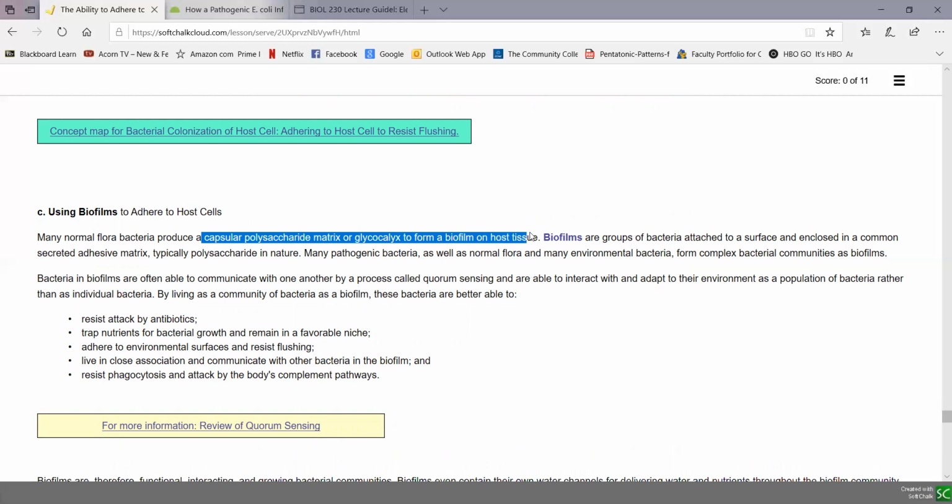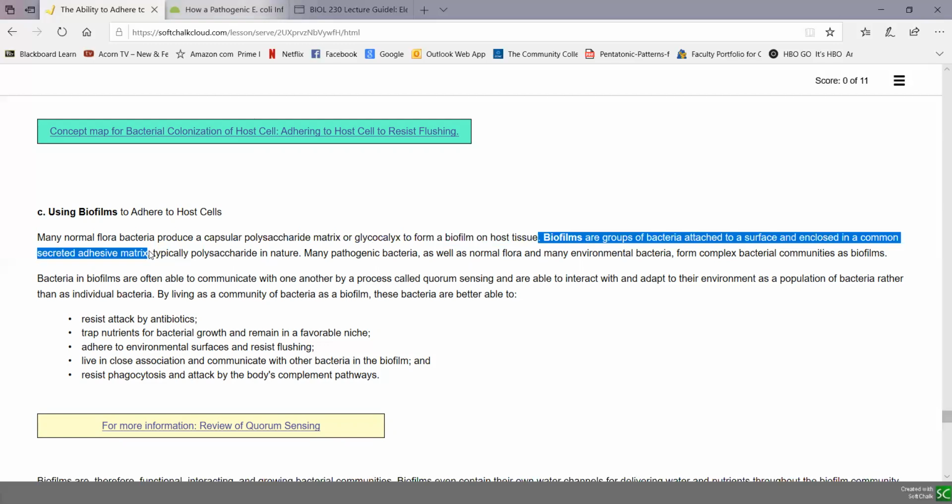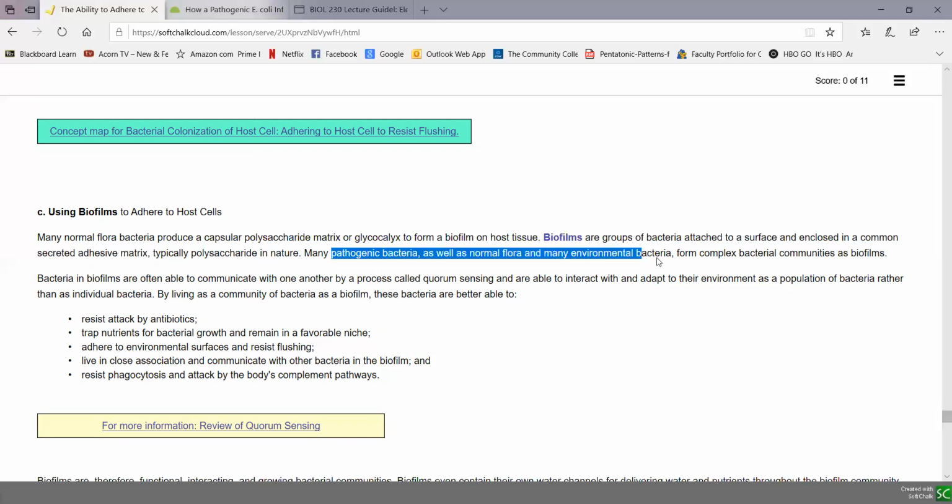And remember, biofilms are where groups of bacteria are attached to a surface and are enclosed in a common secreted adhesive matrix, a massive amount of secreted glycocalyx, which is typically polysaccharide. And so many pathogenic bacteria, as well as microbiota and many environmental bacteria, actually live in these biofilm communities.